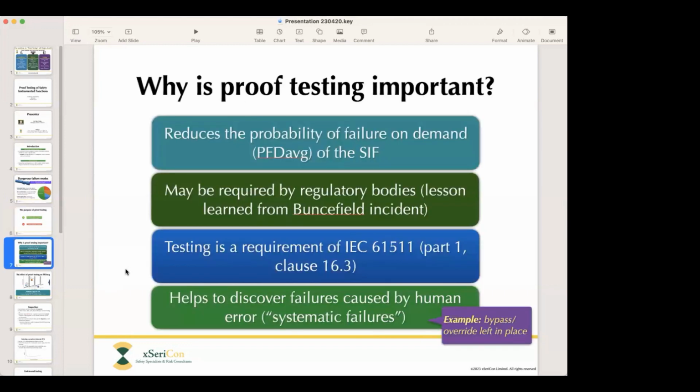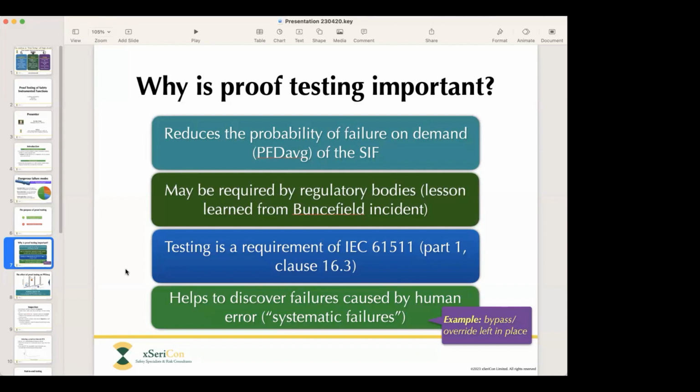So why do we care about proof testing? Why is it necessary to do it? Well, there are quite a lot of reasons. One of them is that, in the teal colored blocks at the top of the screen, if we include proof testing in our calculation of the predicted probability of failure on demand of the SIF, then proof testing does reduce the probability of failure on demand and therefore improves the integrity of the SIF.